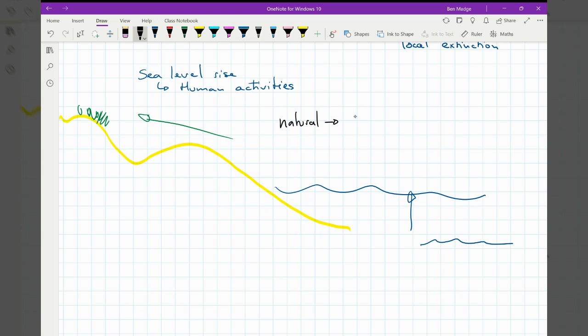So in a natural system, the habitat will migrate uphill.